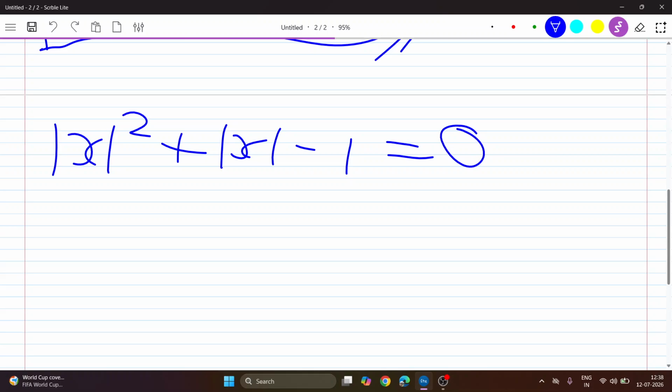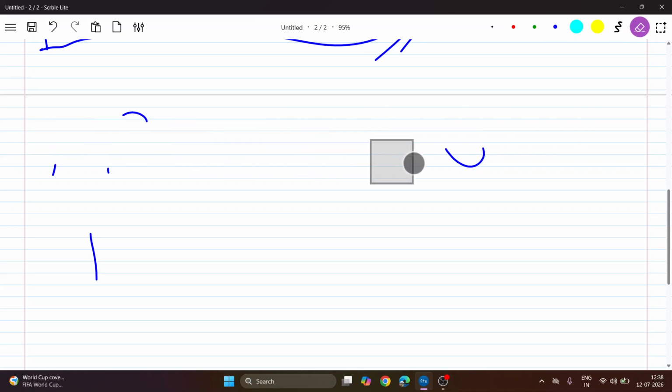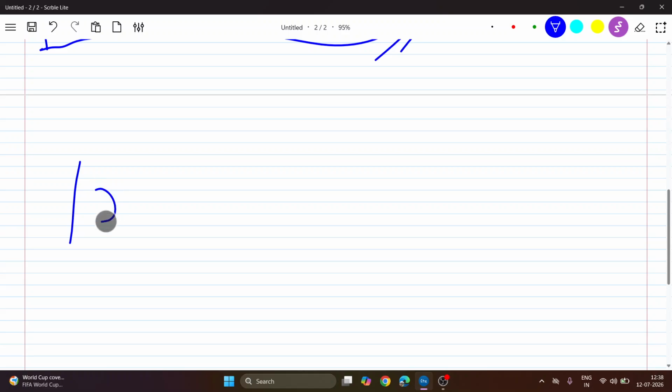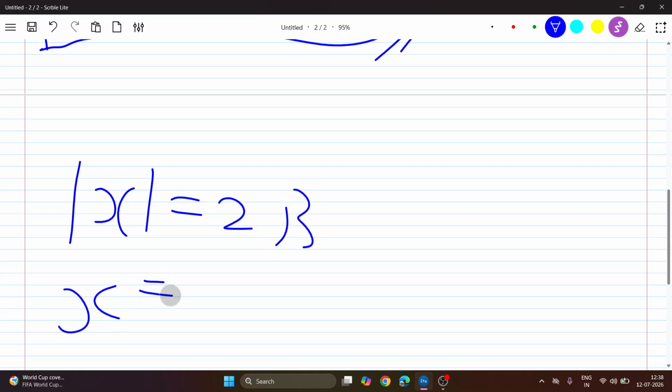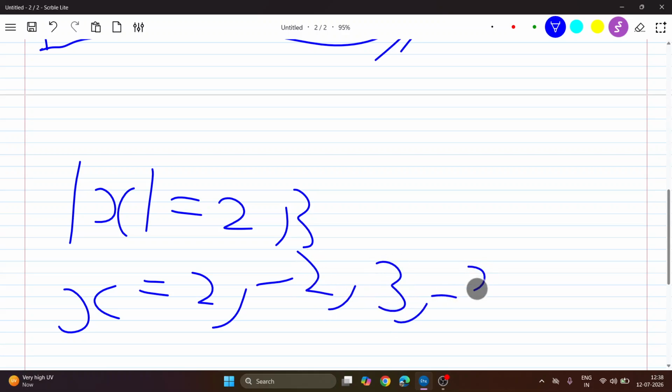Let's say the mod x value here is equal to 2 comma 3 something. Forget about this equation, okay? It's just a quadratic equation. We are getting mod of x equals 2 comma 3. So x equals 2 comma minus 2 comma 3 comma minus 3. So everything works, right?